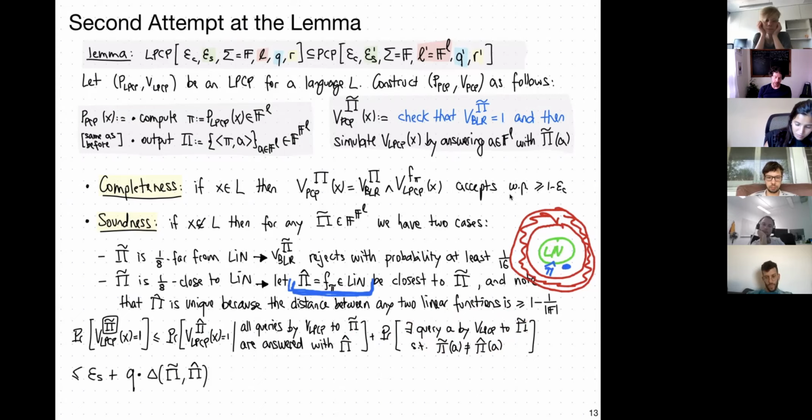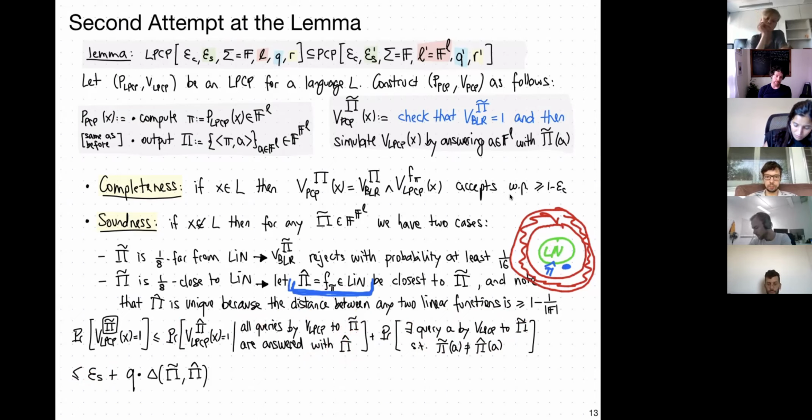Notice that what I'd like to write here, but it's not really the case, is that this is the soundness in the case where we actually get the real proof, because it happened to be that we only queried places where we agree with the real proof.